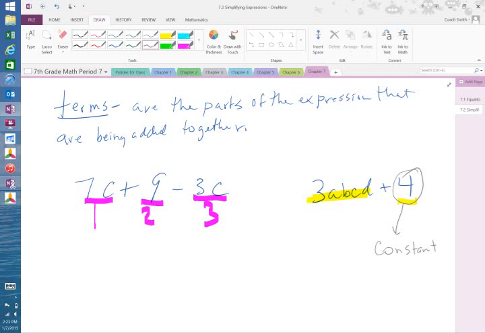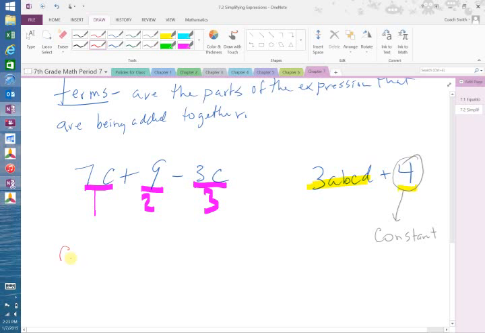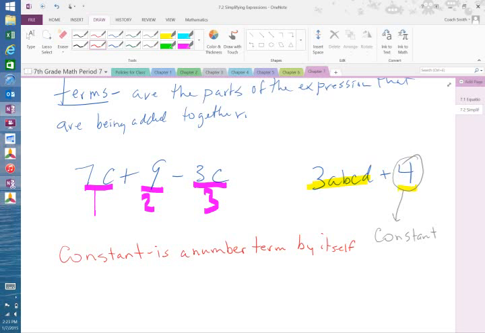So a constant is a number term by itself. Now, that number term could be 1. That number term could be 1,256,000. Okay? Doesn't matter. It is a number that is by itself. Okay? A while ago when we said 3x, 3 is not a constant.